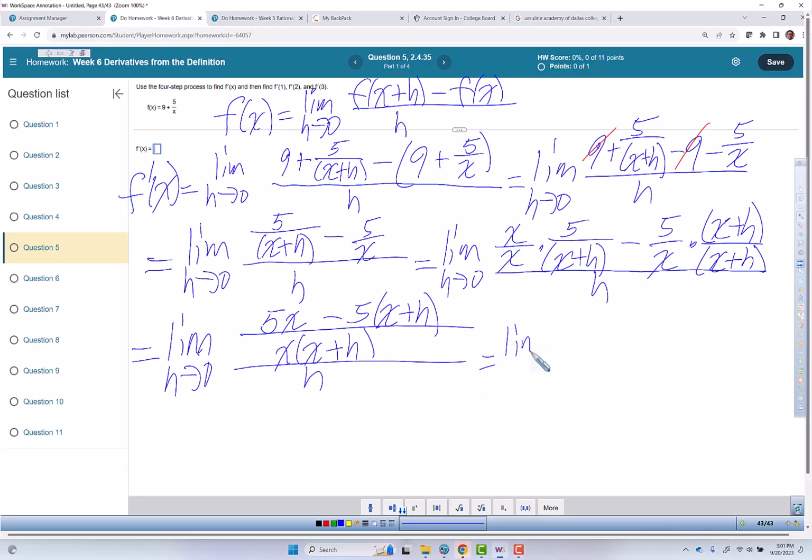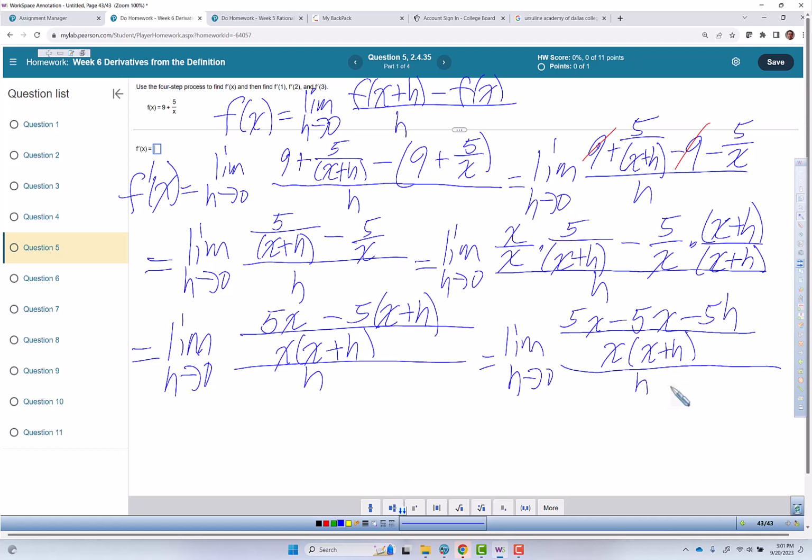Then we're going to distribute inside this parenthesis. So 5x minus 5x minus 5h all over x times x plus h. And all of that is just the numerator all over the denominator, which is h.